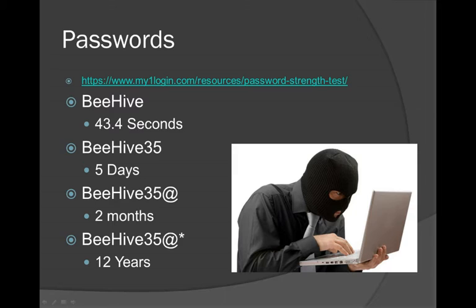But as you can see on the next line, Beehive35, just adding the 35 to the end of it, increases the time it takes to crack the password to 5 days. Adding an @ sign to the end of that makes it 2 months. And then adding an asterisk takes 12 years. And so on and so forth. Basically, you can see how little things just increase the time it would otherwise take to crack the password.